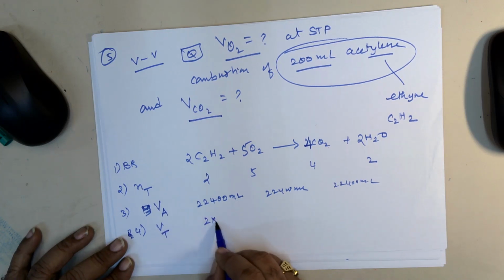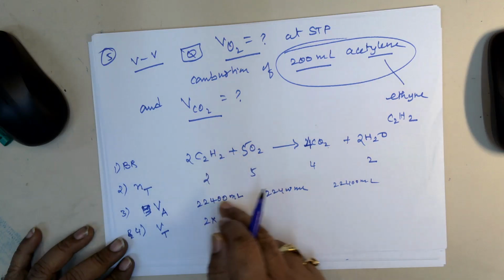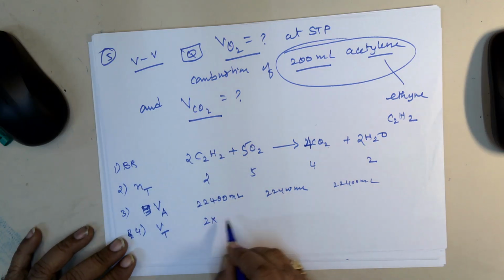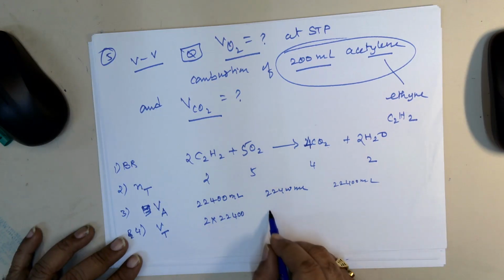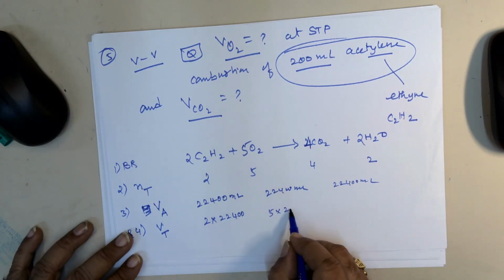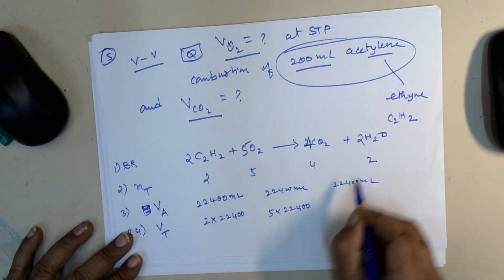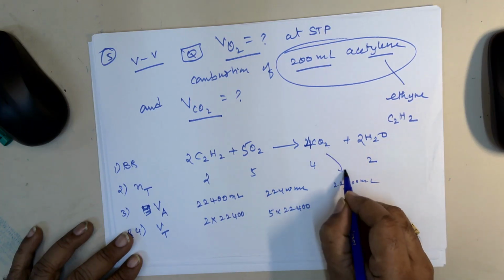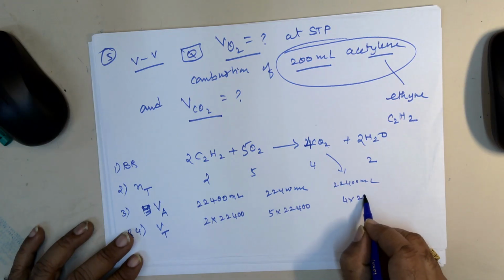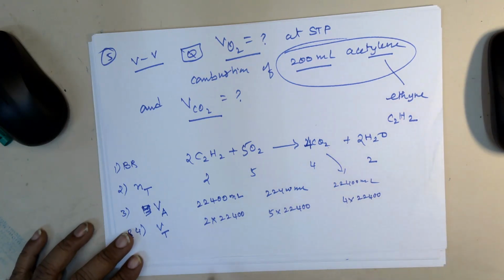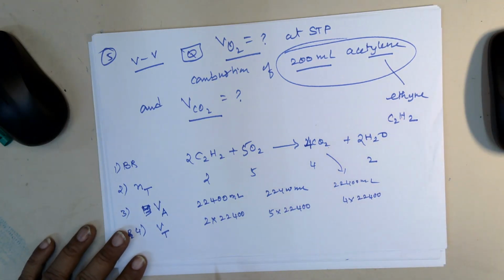So 2 into, for 1 mole, 22,400 ml. For 2 moles, 2 into 22,400 ml, correct? What about this? 5 into 22,400. What about this carbon dioxide? 4 into 22,400.